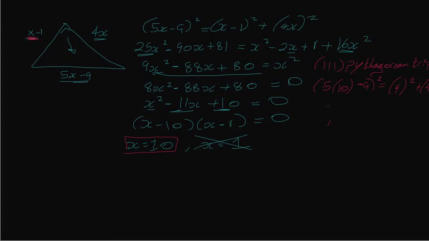Okay, so this would be 41 squared equal to 81 plus 1600. So this would be 1681 equal to 81 plus 1600, and 1681 equal to 1681. That is correct. So therefore it is a Pythagorean triple.